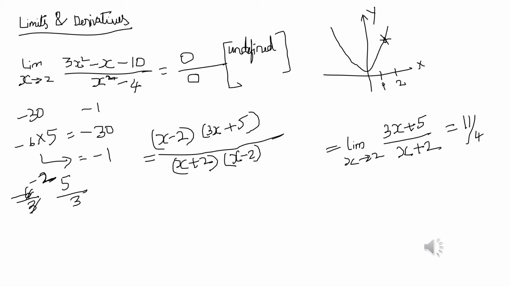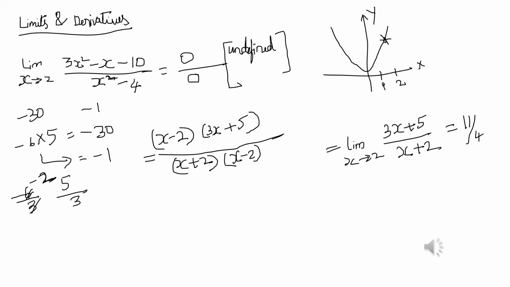When we multiply the numerator's quadratic coefficient 3 by the constant minus 10, we get minus 30. Okay, and when you add two numbers, the sum should be minus 1. That's the concept of how we factorize.